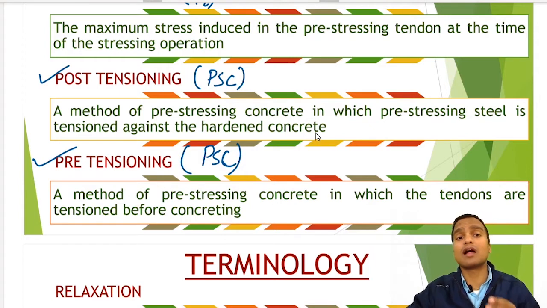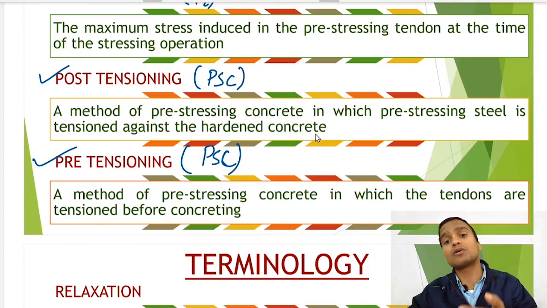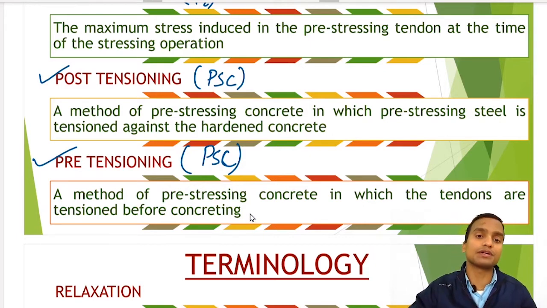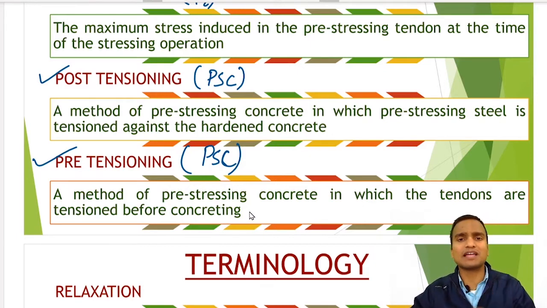Means first of all hardening of concrete is done and later on we do the pre-stressing of steels. Okay, but in pre-tensioning it's a reverse way in which the tendons are tensioned before concreting. तो definitions को याद करना necessary नहीं है, but if you are understanding these definitions it's okay.